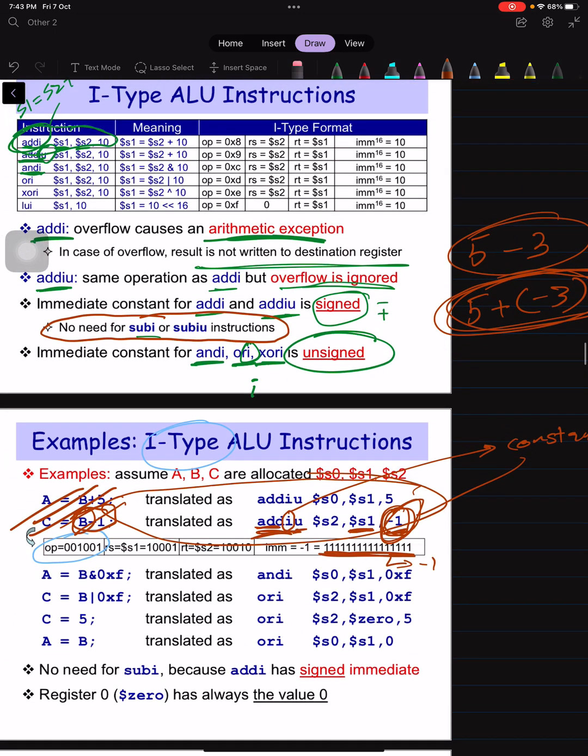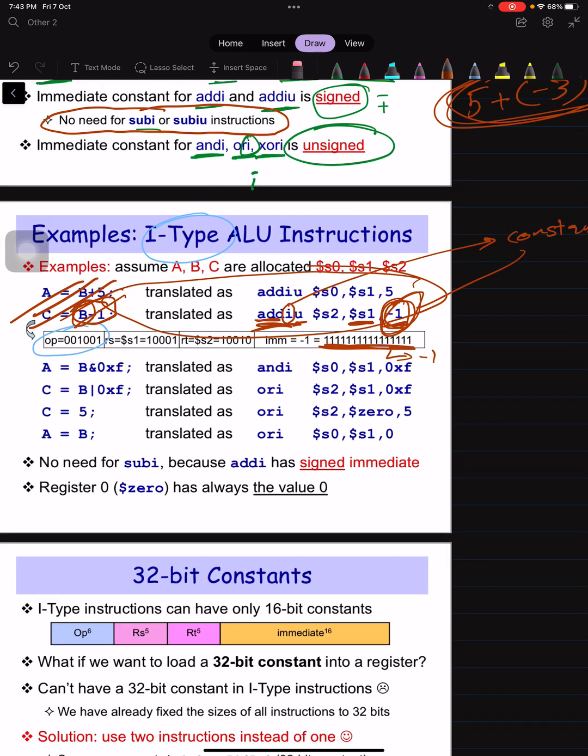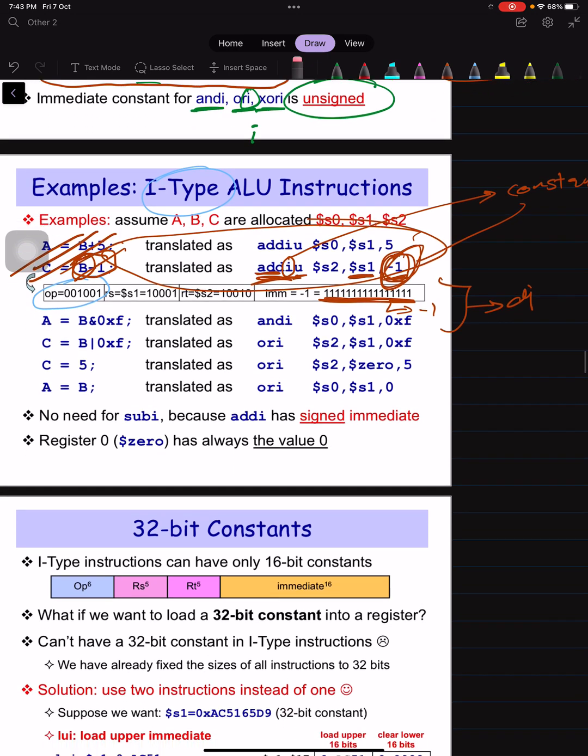We already took this in digital, but if you don't know how to convert it, just write in the comment and we'll go through it, inshallah. That's all about the I type.